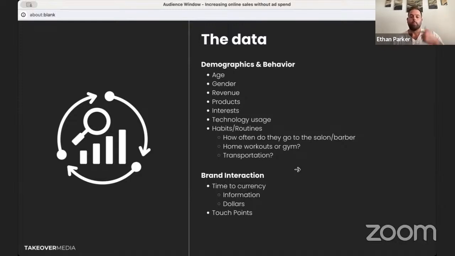So, how long does it take for someone to give us their information, from an initial interaction with an advertisement, blog, YouTube video, whatever, to, hey, here's my email? And then from there to when they spend money. Those are 2 very important data points that would help shape a lot of the other things that we're talking about. And then touch points, like where are they interacting with the brand?